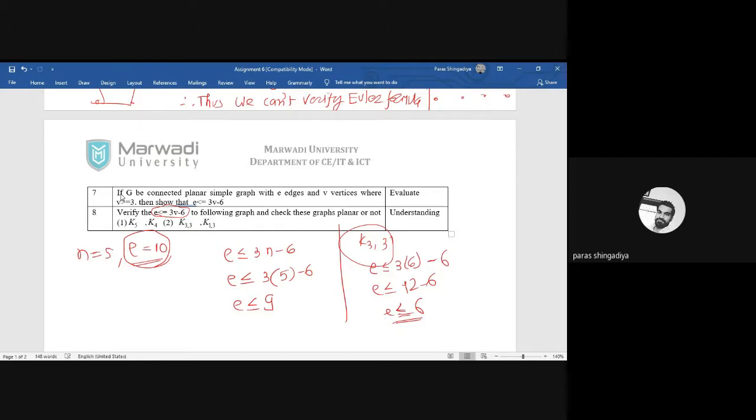See in this K5, that is a non-planar graph as we know.